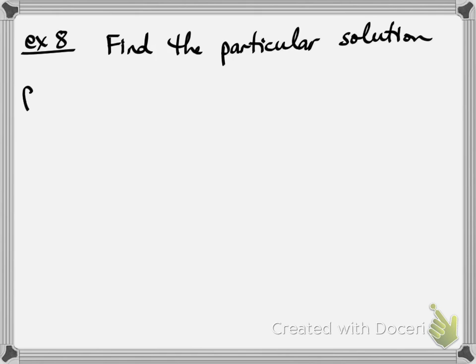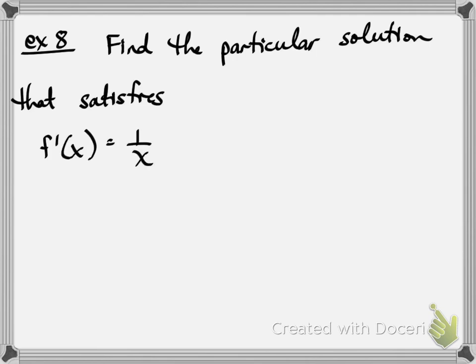Find the particular solution that satisfies f prime of x equal to 1 over x squared if f of 1 is 0.